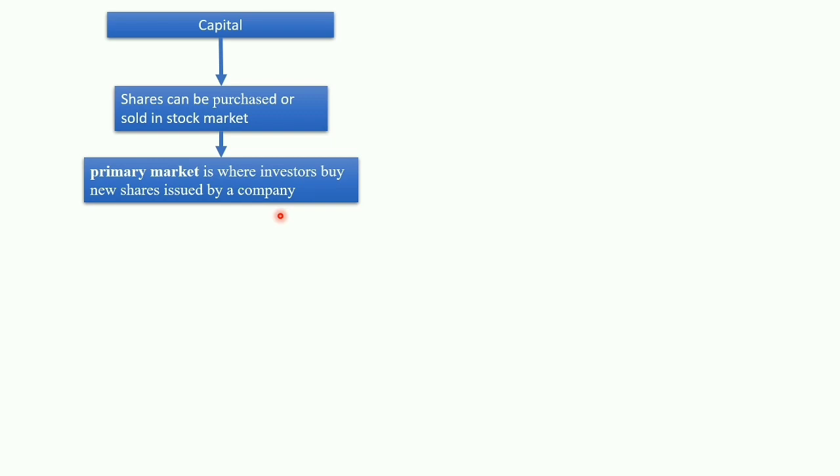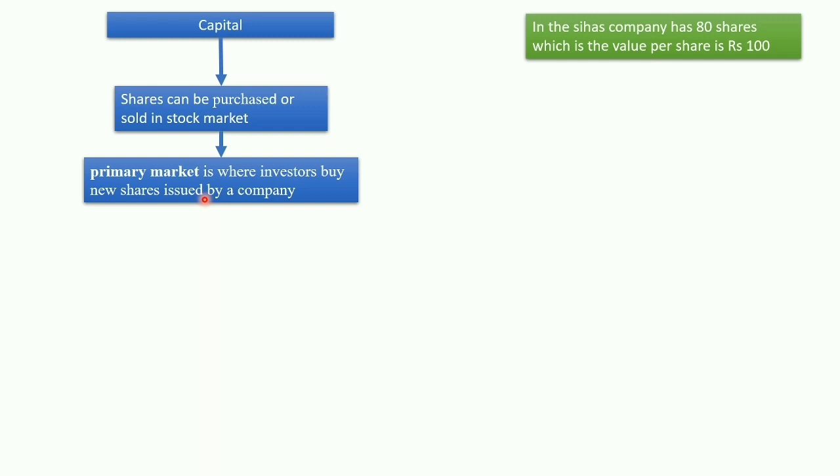If the company puts the shares in the stock market, and any other person, that is called the investor, tries to purchase these shares, that time we are calling it the primary market. So shall we understand the primary market by using a small example?